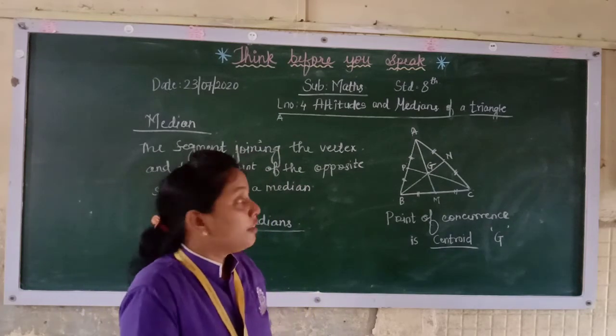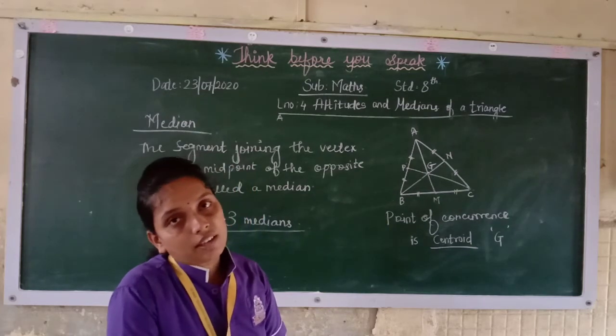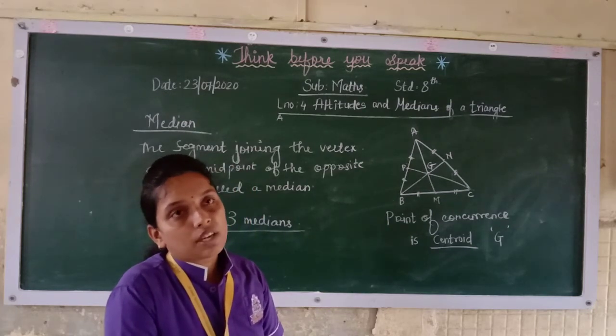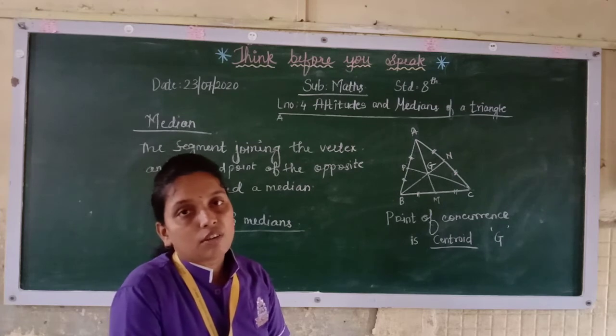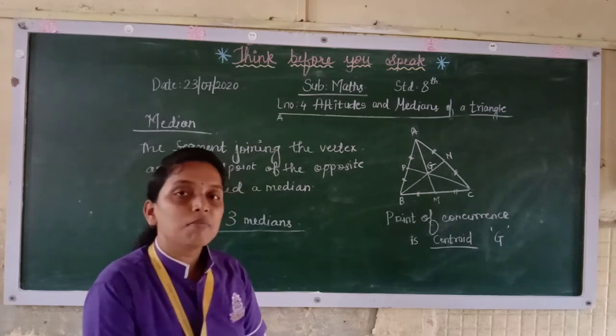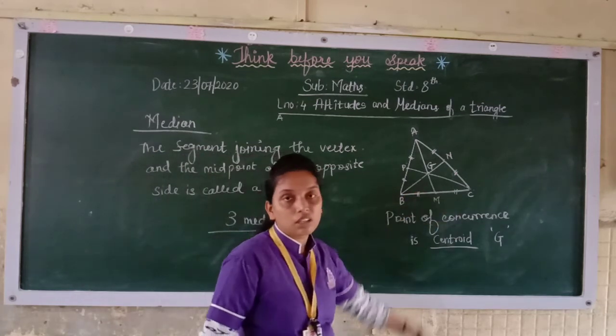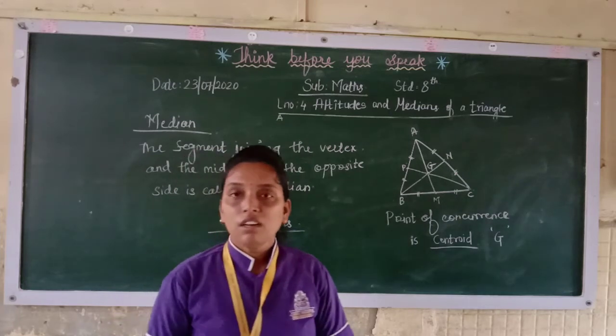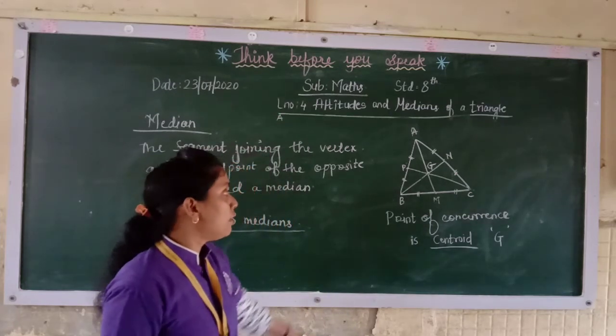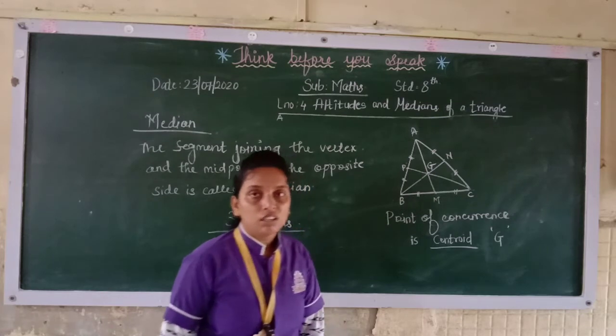Now for any triangle, if you see the figure also, whether it is an obtuse angle triangle, right angle triangle, or acute angle triangle, you will find the centroid will come inside the triangle only. It will not go in the exterior of the triangle. It will always be in the interior of the triangle.